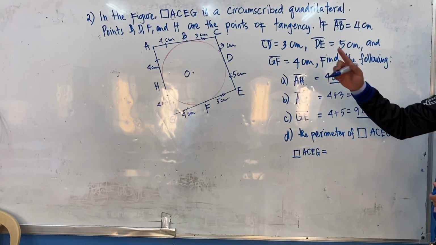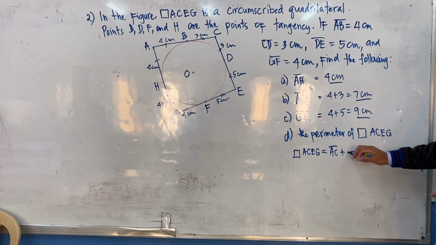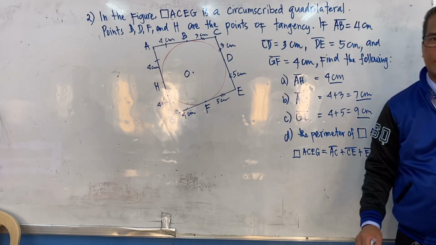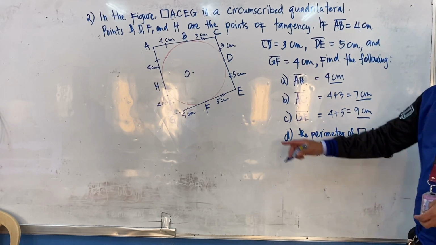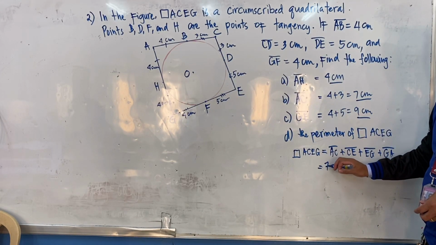So we have 4 plus 3, so segment AC plus segment CE plus segment EG plus segment GA. Okay. And then substitution. 4 plus 3, we have 7.